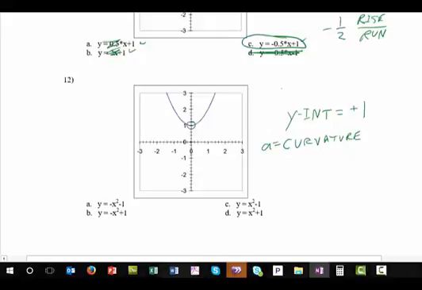If it's a smiley face, it's positive, and that is a smiley face. It's happy because we're almost done with this practice exam. So smiley face, positive curvature a, positive a. So you look in our list, positive 1 intercept, can't be that, can't be that. Positive curvature of a, can't be that guy, so we're left with that one. Yeah, so that's how to do these kind of problems.